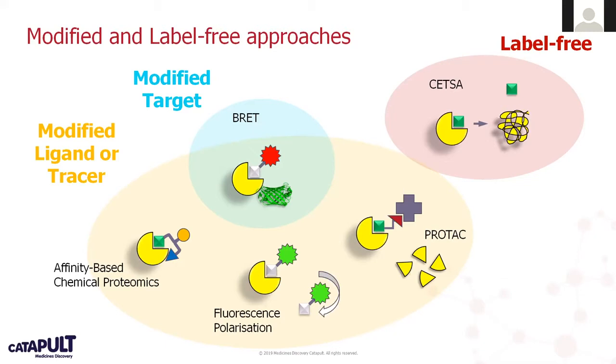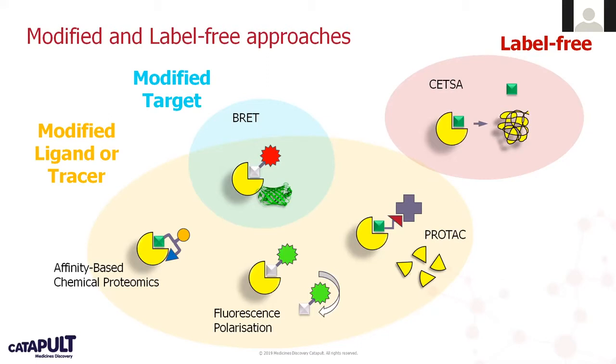A really nice recent one from an oncology paper is to use a PROTAC approach. So converting your ligand of interest into a PROTAC and then demonstrating target engagement by the PROTAC-induced degradation of that target, selective degradation of just your target.